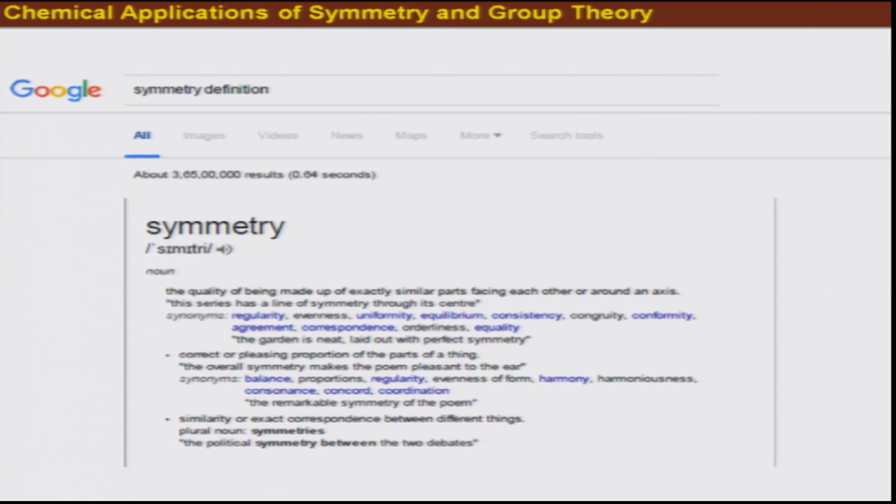This is the definition given by a search in Google, and there are so many synonyms provided, like regularity, uniformity, evenness, equilibrium, consistency, orderliness.